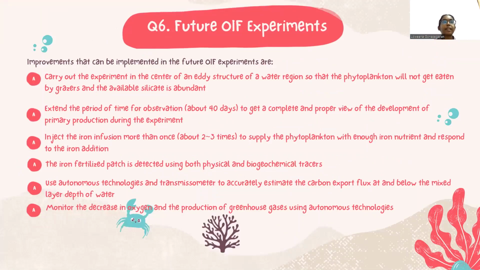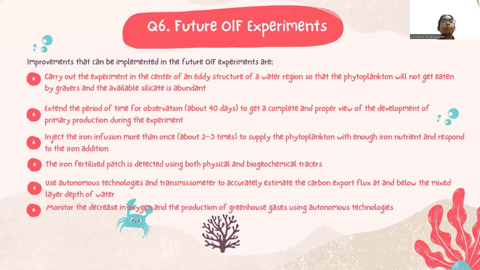So, what are the improvements that can be implemented in future OIF experiments? We can carry out the experiments in the center of an eddy structure of a water region so that the phytoplankton will not get eaten by the grazers and the available silicate is also abundant there.